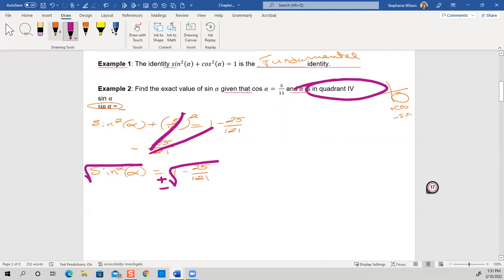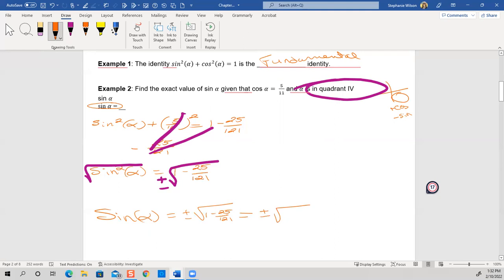So now I'm going to have sine of my alpha equal plus or minus the square root of 1 minus 25/121. We can clean up the inside of that radical. If you want to use a calculator, you can, or you can use paper and pencil.